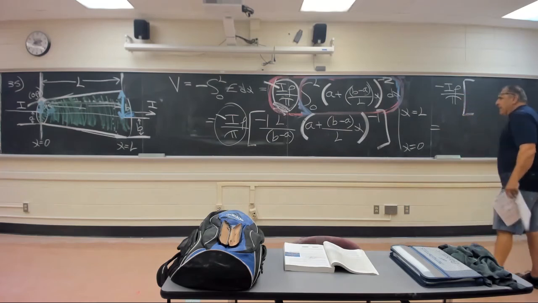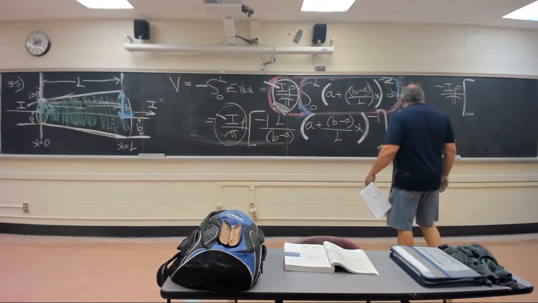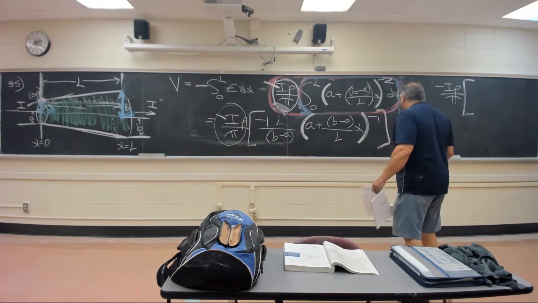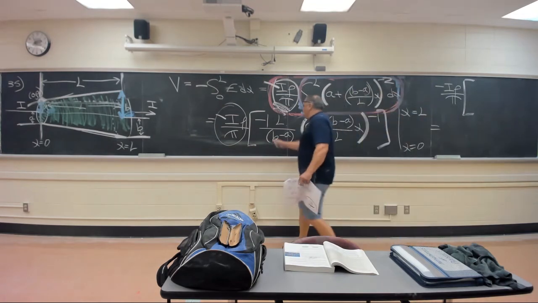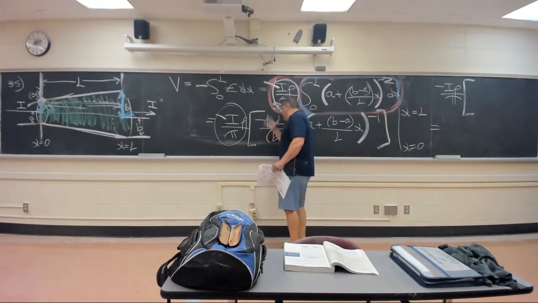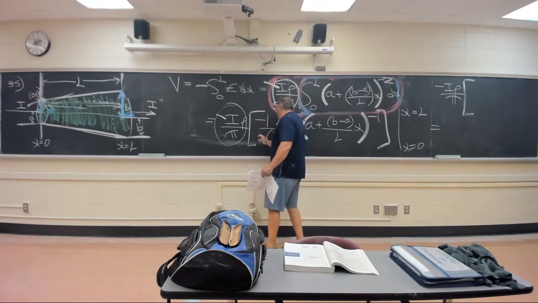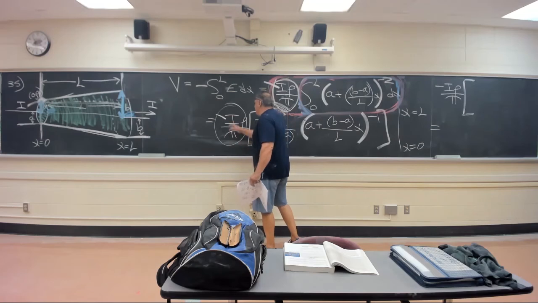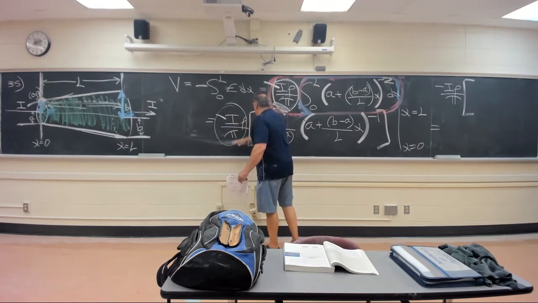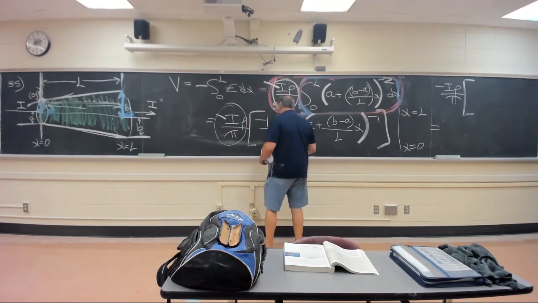If you've got it like this, and I might go just against my notes a little bit here, not much. As we have all this, what is a negative 1 times a negative I rho over pi? A negative 1 times a negative I rho over pi is a positive I rho over pi.